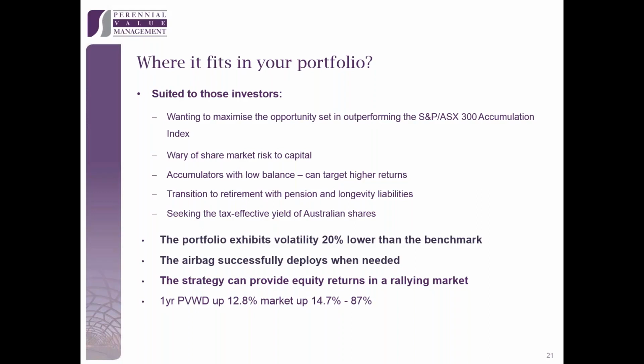And we don't know how much more the market has to rally, but if we can keep up like that, we should be reasonably happy, particularly when you consider that we've got the downside built into the portfolio, such that if we do get a short, sharp fall, we're going to have a significant outperformance against the market and protect people's capital and satisfy our original objective, which is outperforming the ASX 300 through all market cycles.